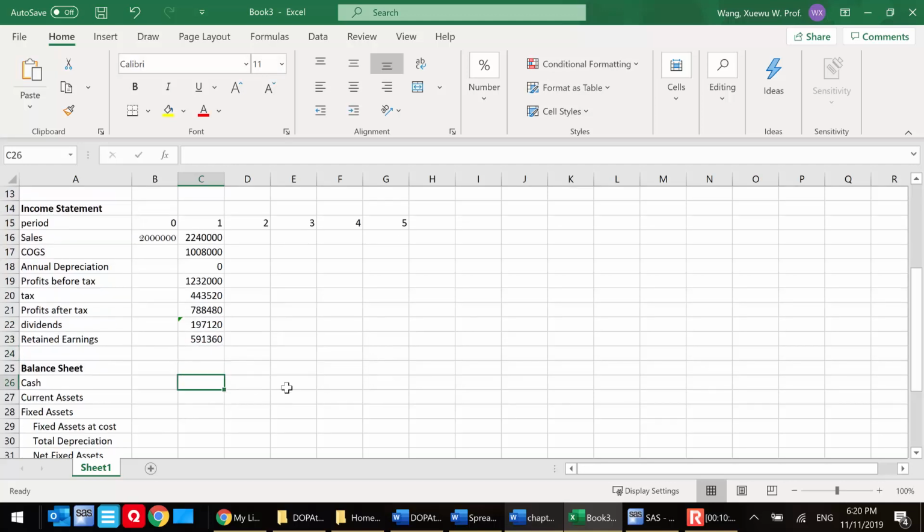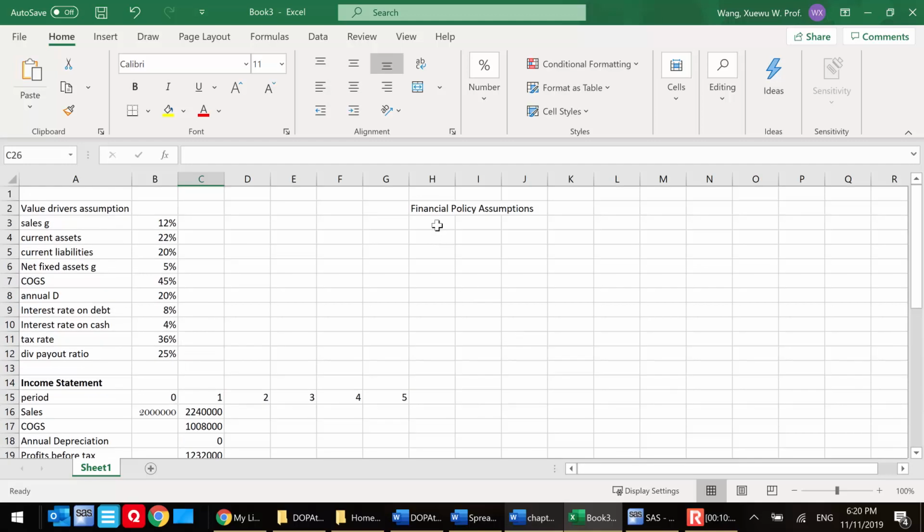Now let's look at the balance sheet. If you look at the question, it says cash is the plug. So let's put this down: cash is the plug, which means we're going to solve cash in the final step.